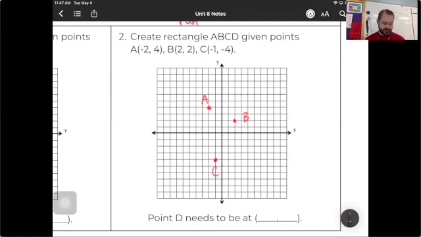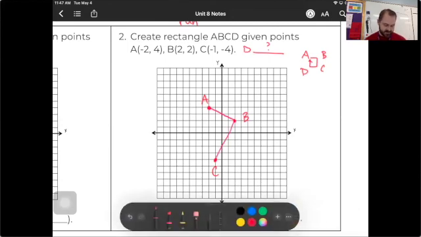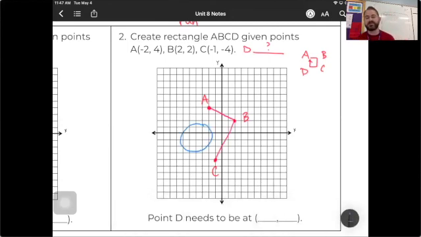Now, I need to find the coordinates for D. And I'm going to do that by graphing it. So remember, we go around the figure, A, B, C, then D, like that. That means I go from A to B, then B to C. So D has to be somewhere over here. And I'm not just going to guess at that.